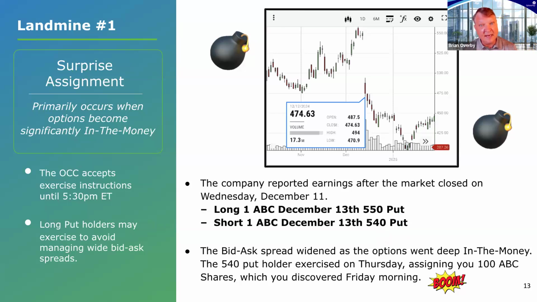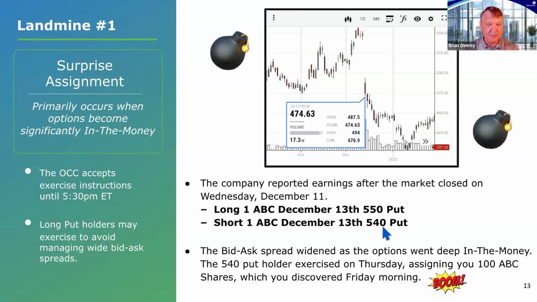And the day went by, and this person didn't close at the end of the day when the stock was all the way down here at 474. They didn't enter an order to say, I want to close out my long spread.